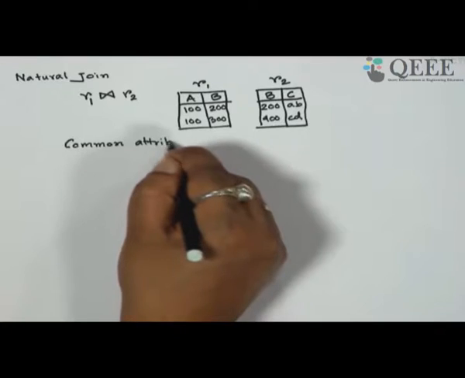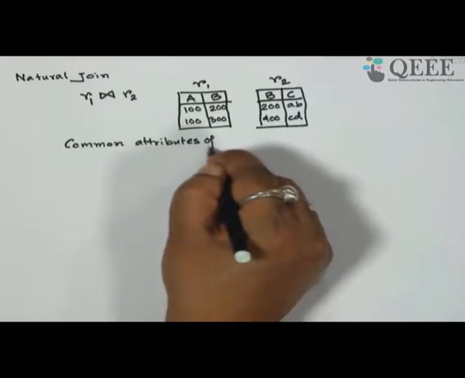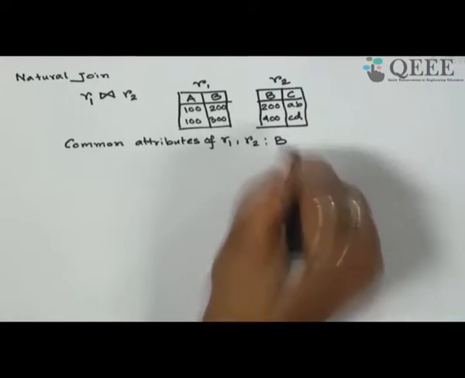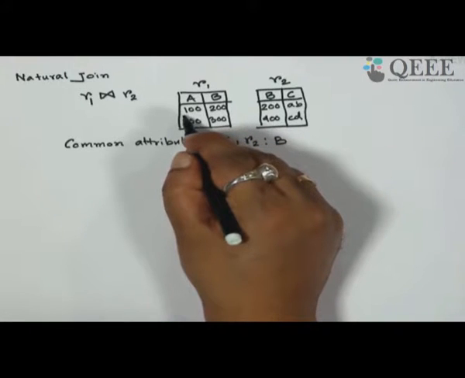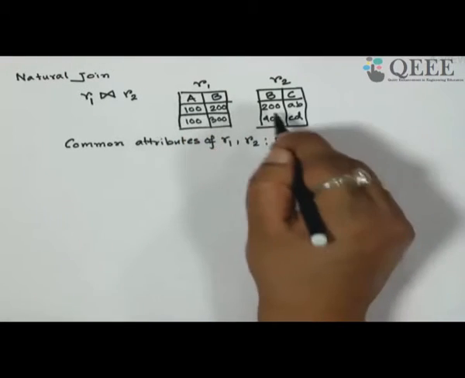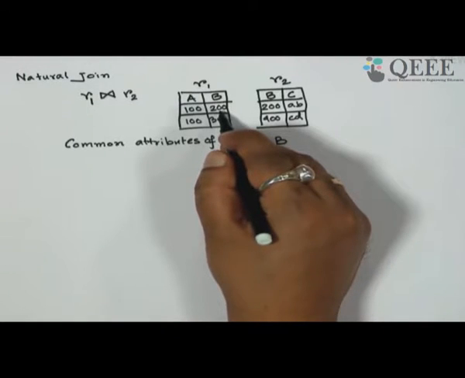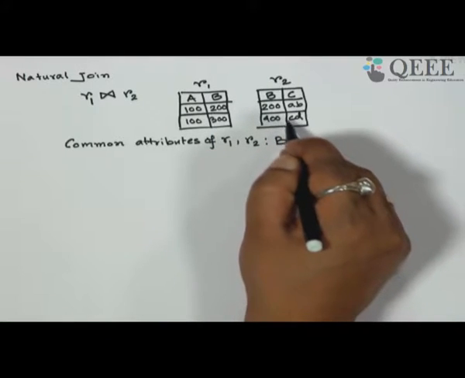Common attributes of R1 and R2, which in this case is B. It will take a row of R1 and see the value of B for that row: does it match the value of B in any tuple of R2?